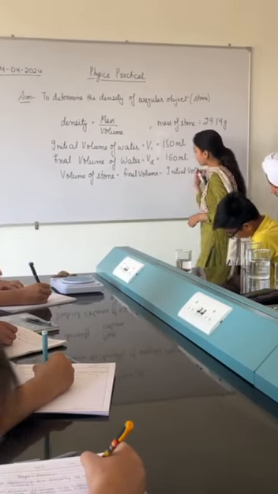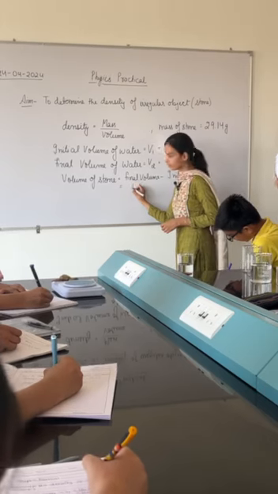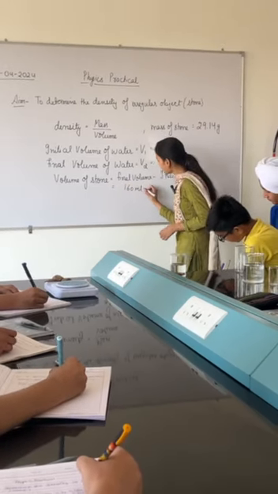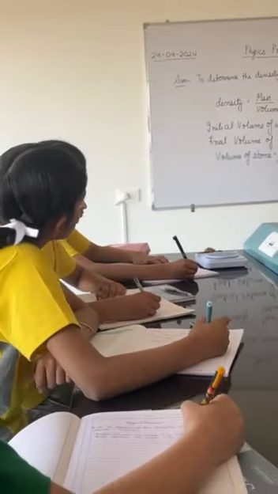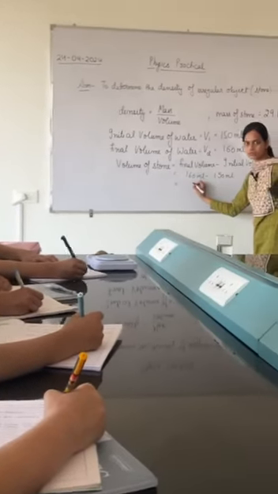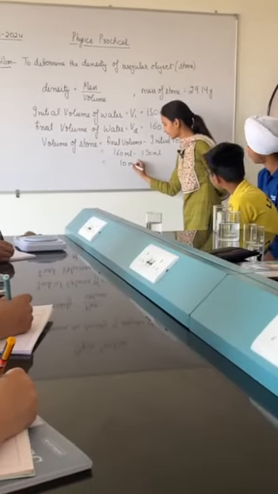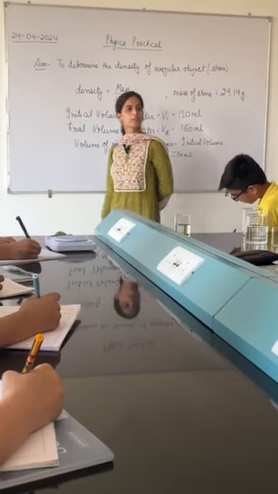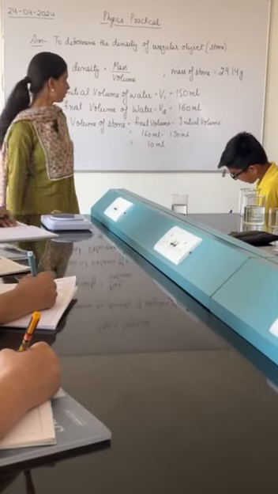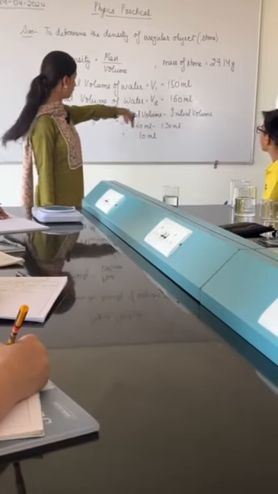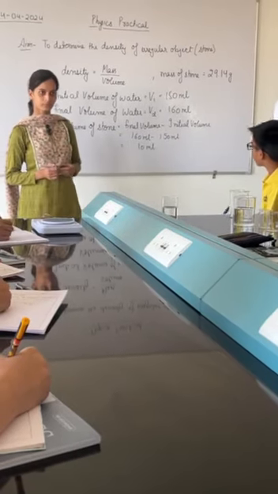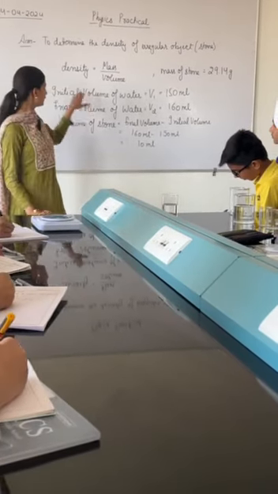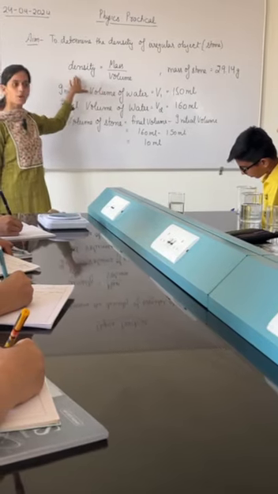What is the final volume? 160 ml. What is the initial volume? 150 ml. Now, what is the volume of the stone? 10 ml. Now you have the volume of stone and the mass of stone, so you can determine the density of this irregular object.